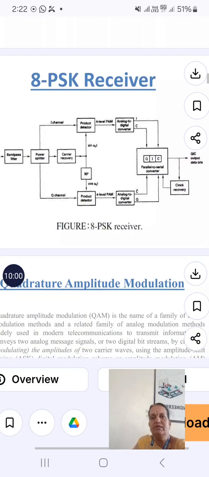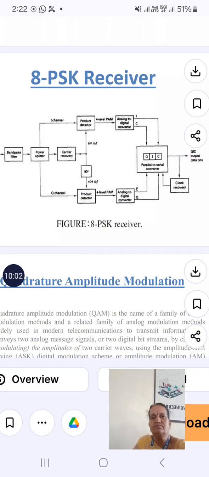So we have the 8 PSK receiver. The reverse operation is done by this 8 PSK receiver. Here we start with the band pass filter, then we have the product modulator, carrier recovery signal and product detector.